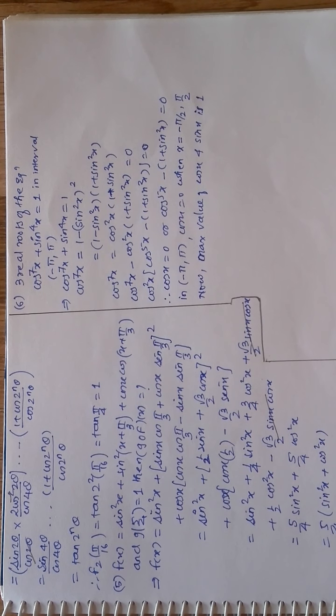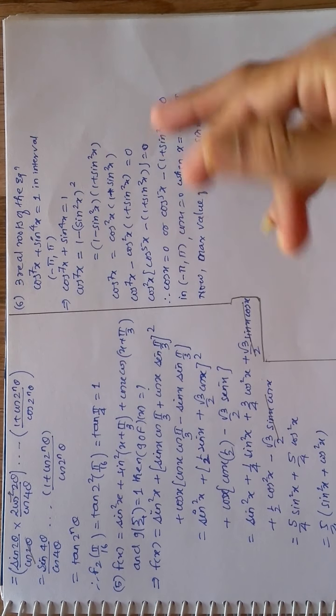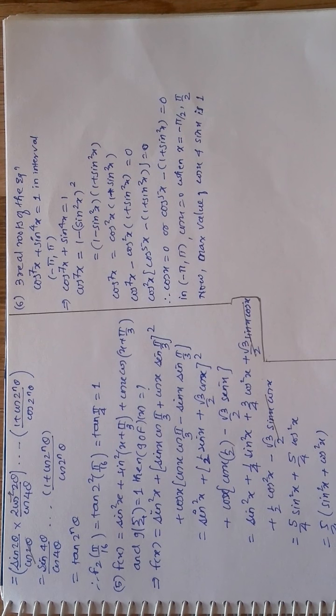That means if cos raised to 5x becomes 1, then obviously the second bracket must also become 1. And that will become 1 if and only if sin x is 0. Means both the conditions will hold true only when the value of x is 0.